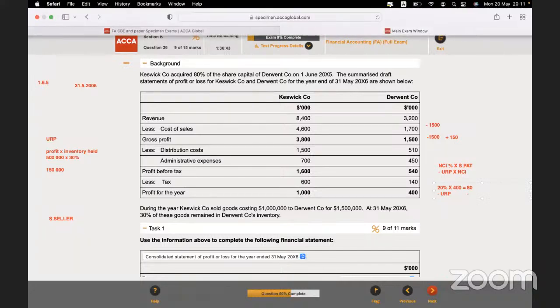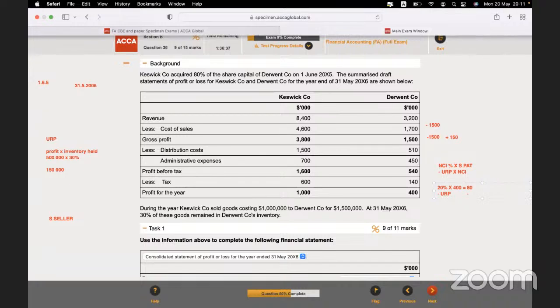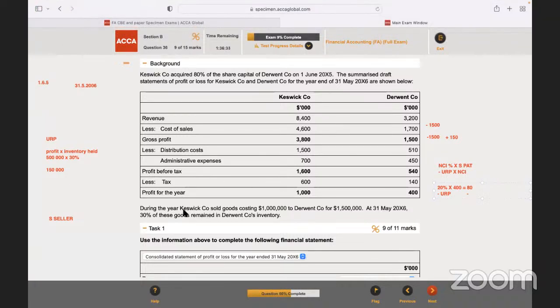But let's say, for example, it was Derwent, the subsidiary, that had sold this to the parent. Let's assume it that way for the purpose of learning. So Derwent had sold to Keswick. The subsidiary has sold to the parent. Then guys, you know what I will do? Then I will take this URP, 150, and I will apply the NCI percentage, which is 20%.